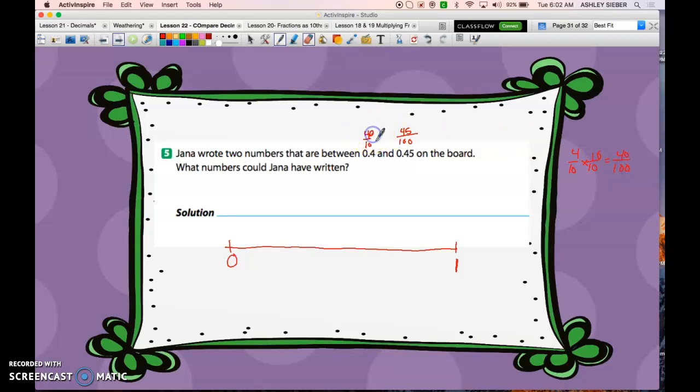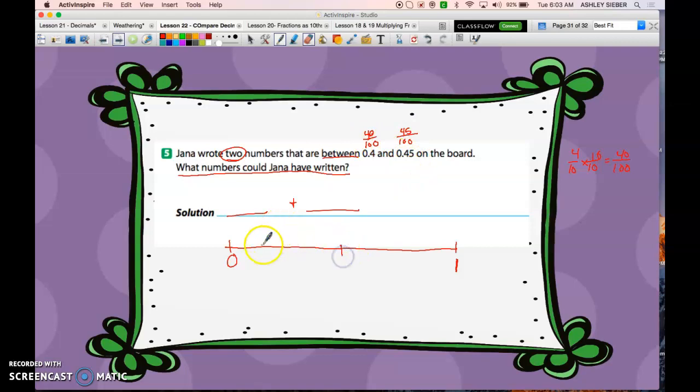So my question then becomes, what numbers could Jana have written? Jana wrote 2 numbers, so I need 2 numbers down here, and it says that are between 4 tenths, which I know is 40 hundredths, and 45 hundredths.